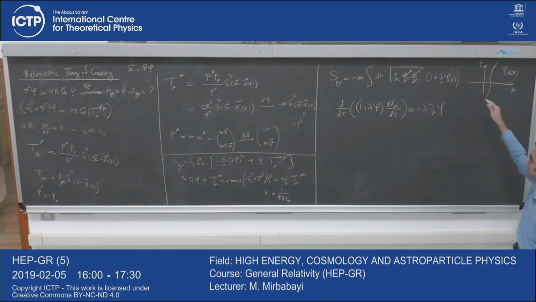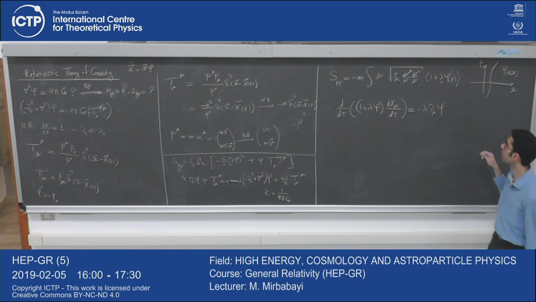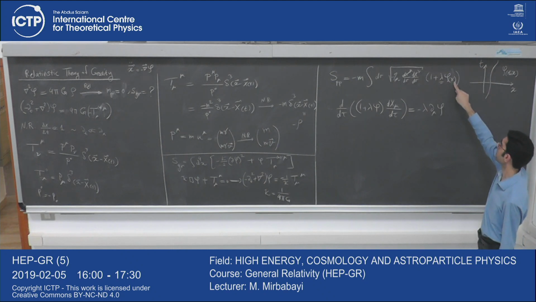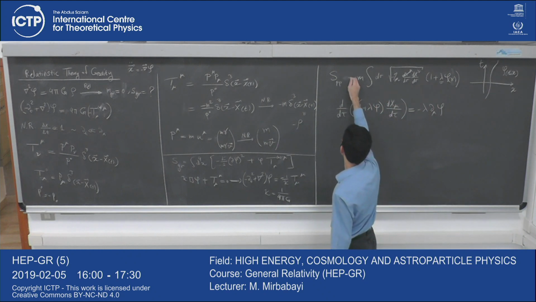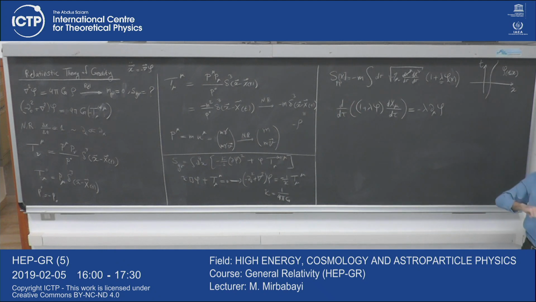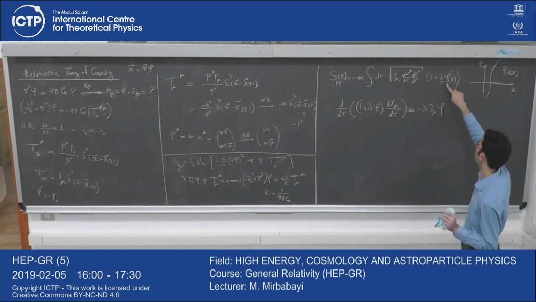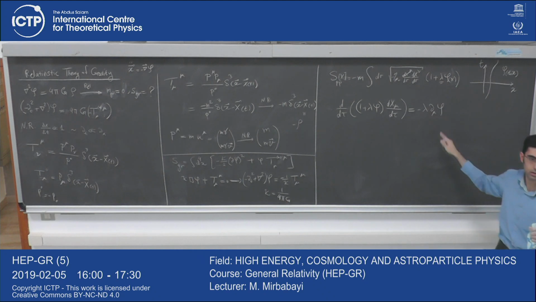The derivation of this is very similar to what we have done before. Note that this phi depends on x. We are varying this action. The variables in this action are the four x's. So we are doing a variation of the trajectory of the particle, requiring that it is extremized. So this phi depends on x, therefore we get this d mu of phi.